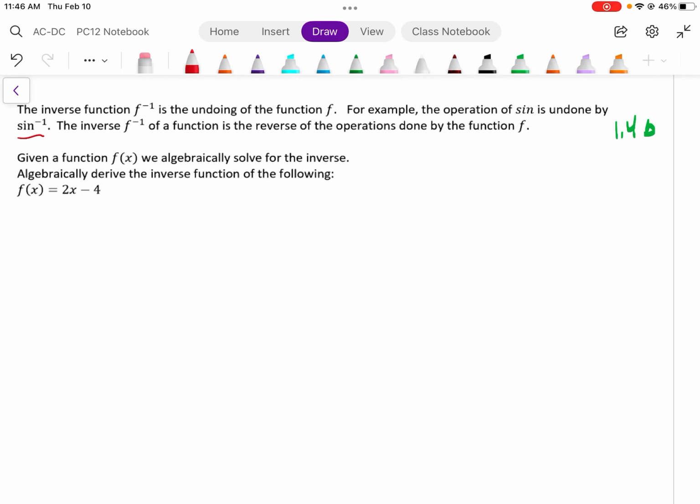So what we are going to be doing here is algebraically defining or deriving the inverse function of each of these. Now, the main thoughts come from our notations where the x's and y's are switched.